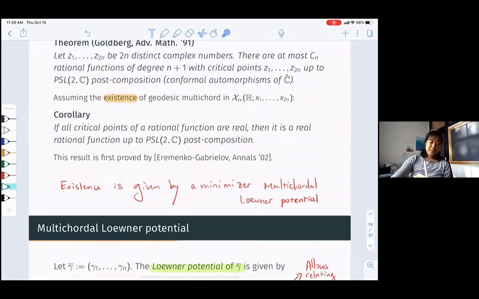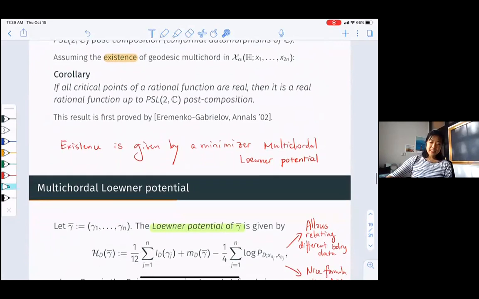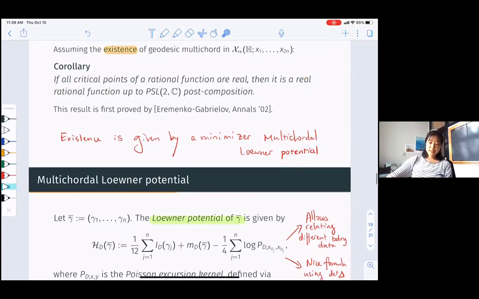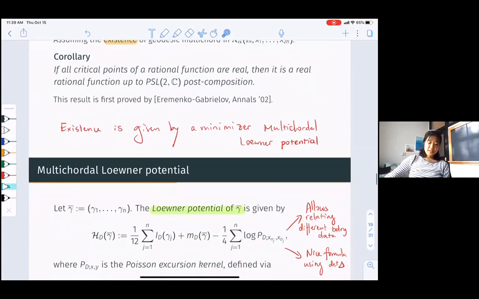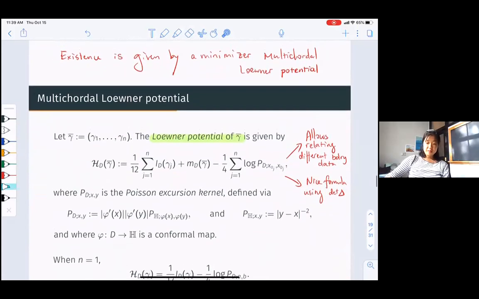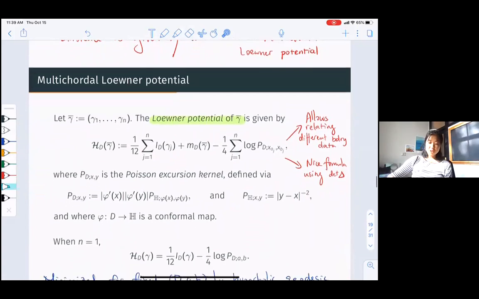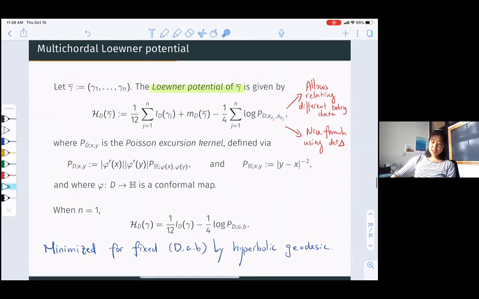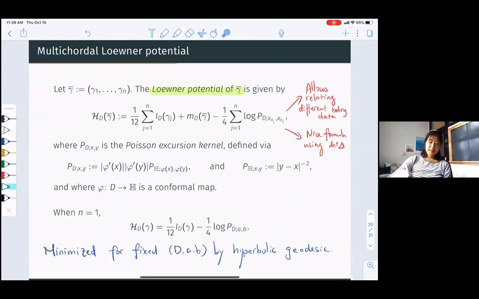So here, I didn't prove for you why it exists, but once we have the existence, you have the uniqueness of the geodesic multichord, and you also have this corollary. The existence is obtained by minimizing a certain multichordal Loewner potential. The multichordal Loewner potential is defined the following way.